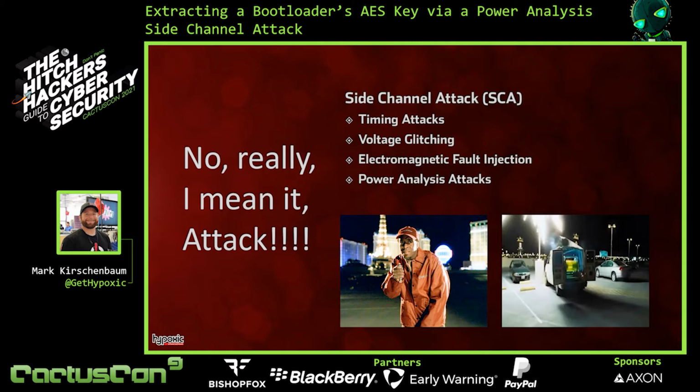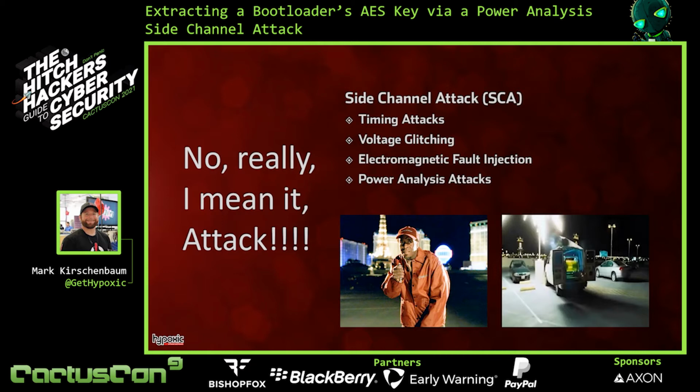Now, there's a lot of side-channel attacks out there. There's timing attacks, which I think a lot of people are familiar with. There's voltage glitching attacks, which is basically hitting the part on the head by bringing the voltage level down really quick in a little spike, and the part just skips a beat. That didn't work on the ATSAMD21.